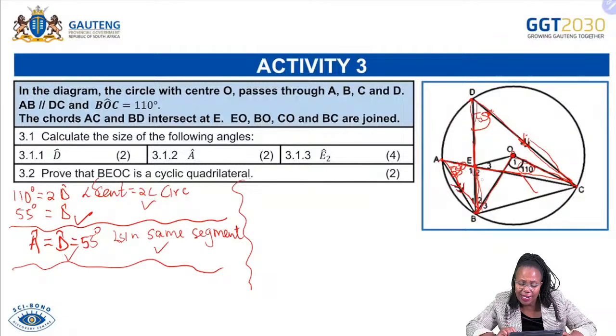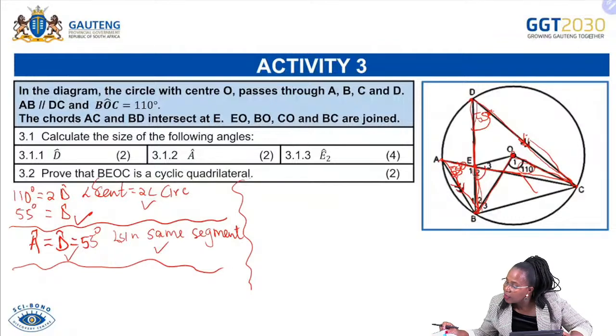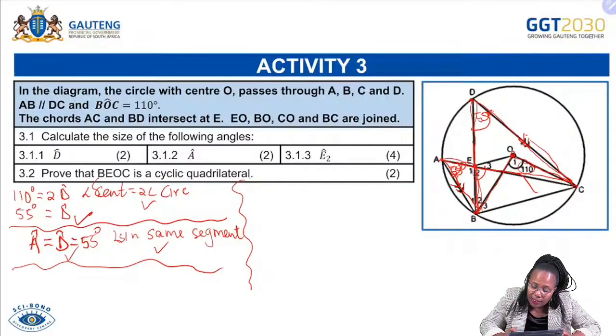And then we need angle E2, this angle here, which is the smaller angle, the exterior angle of this triangle here. Okay, but we are given parallel lines here.